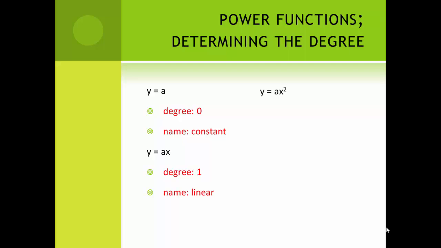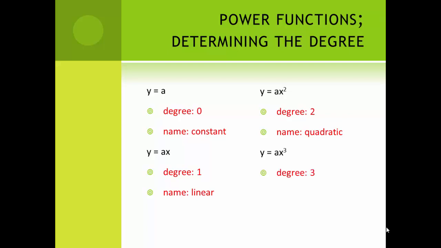Next example, we've got y equals a times x squared. So the only variable is x squared, so we have a degree of 2. And obviously, from grade 10 and 11, you will remember that this is a quadratic. Third example here, we have y equals a times x to the power of 3.